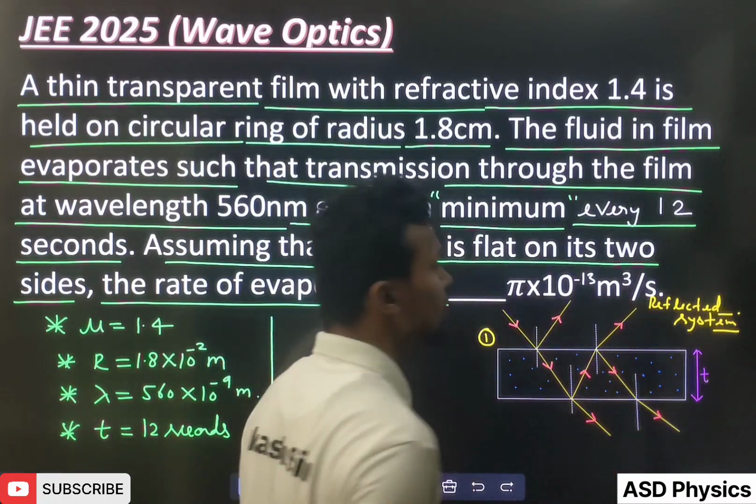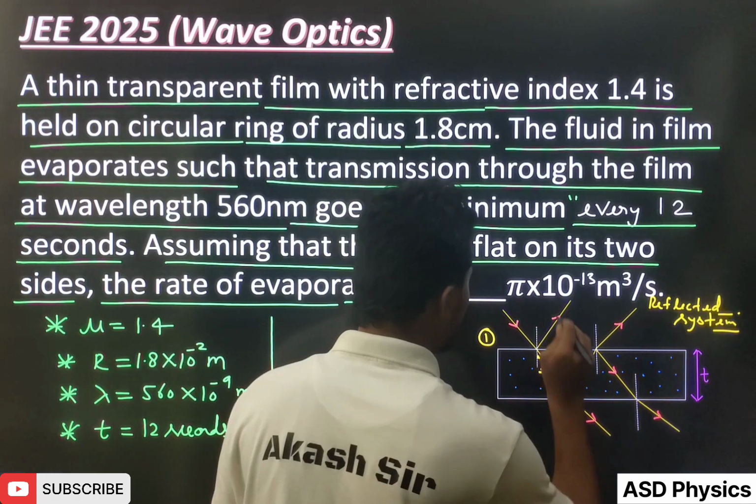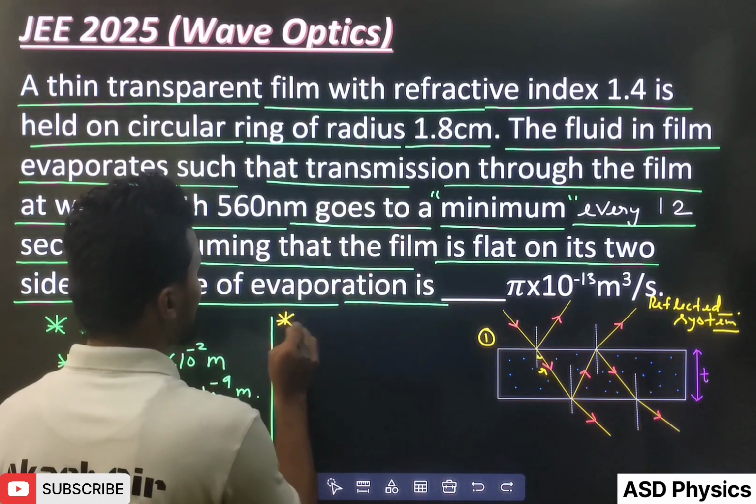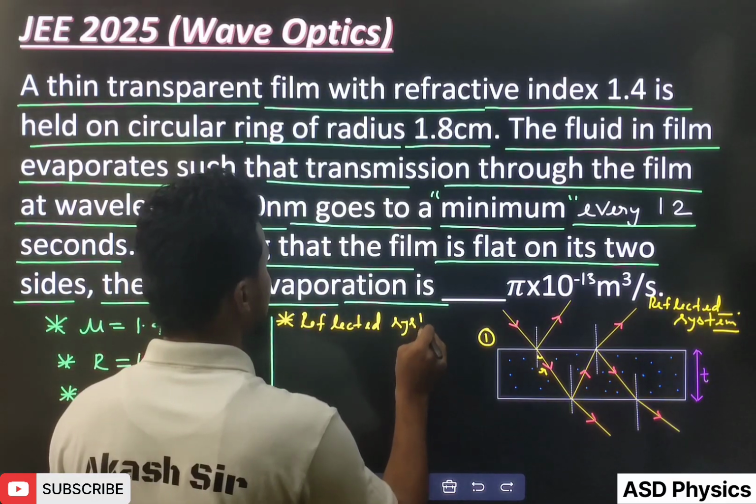Now we have got the two rays. Let's take this angle as r.